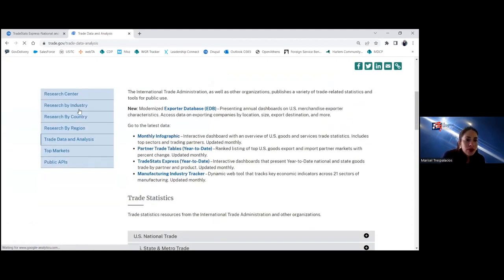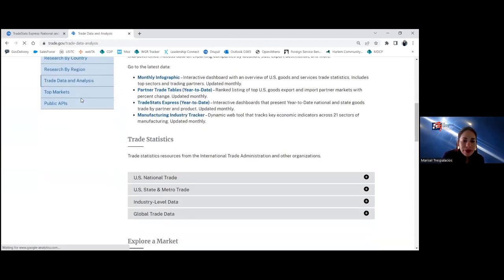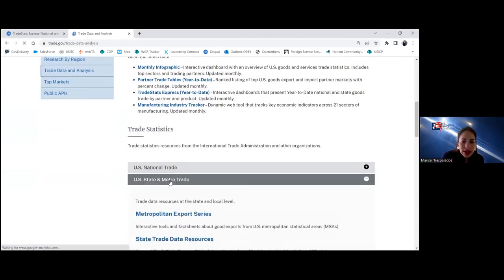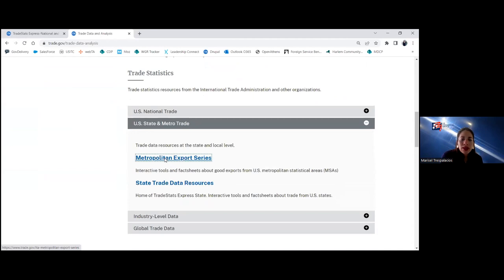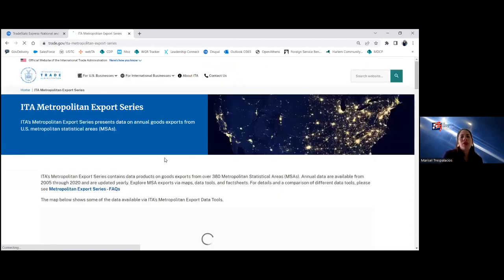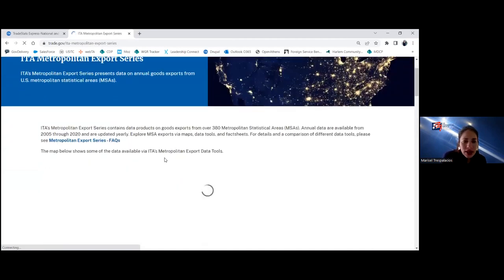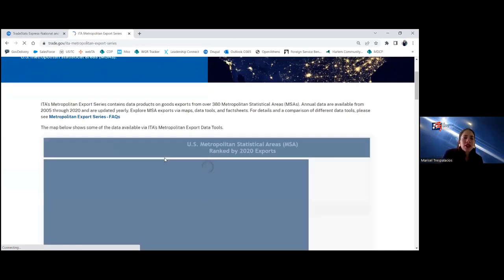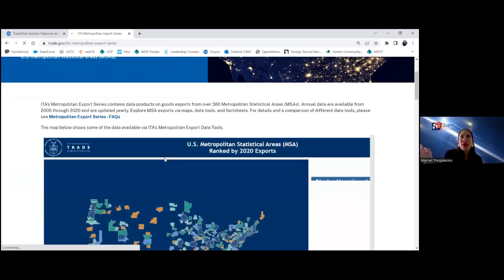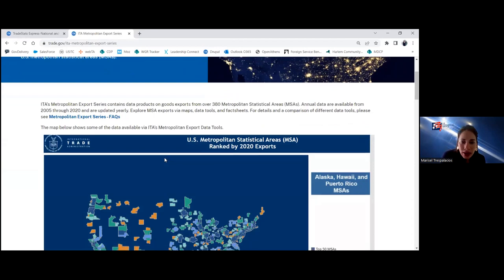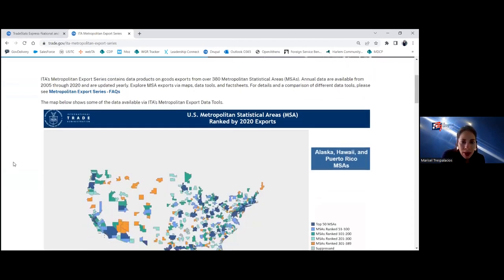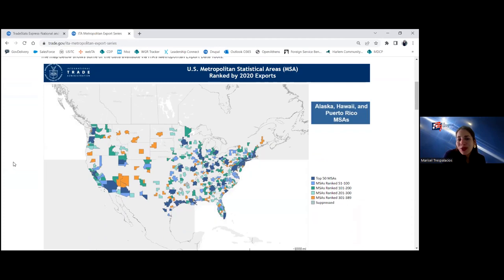You can do it by region, by country, by industry. We have metro trade data. New York metropolitan, I believe, is the 3rd or the 2nd largest in the country. It usually alternates between Houston, LA, and New York. But it's a great tool if you're a data geek.